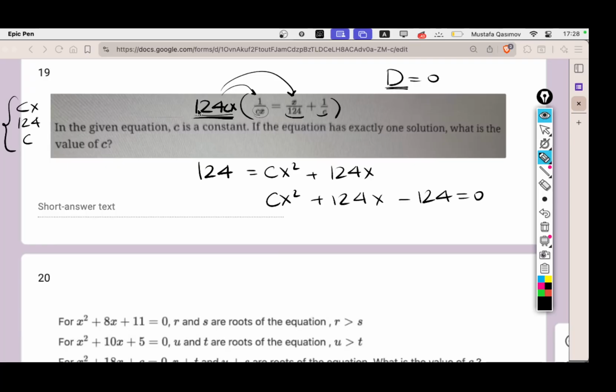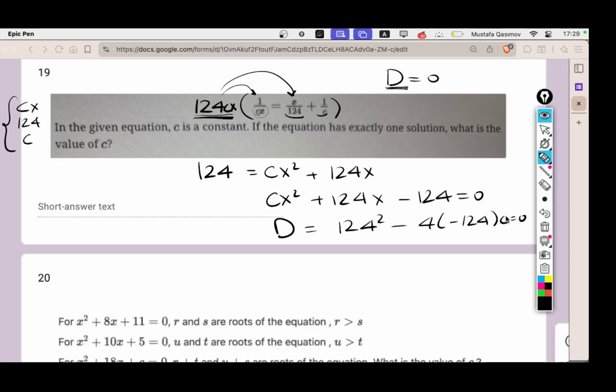Yes. Okay, great. Okay, after that you have to use the discriminant. This one. The discriminant is equal to b squared minus 4ac. Did you understand?